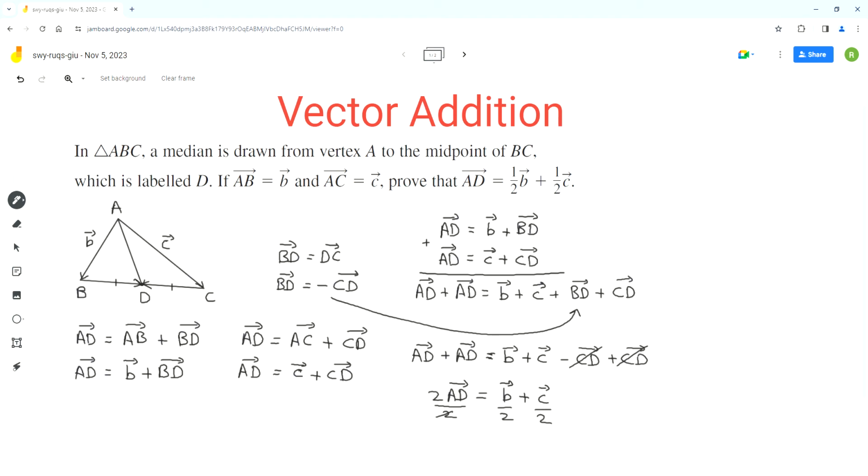So the 2's on the left side cancel each other out. So we get vector AD equals 1 over 2 vector B plus 1 over 2 vector C. This should be the final answer because that's the vector equation we have to prove.